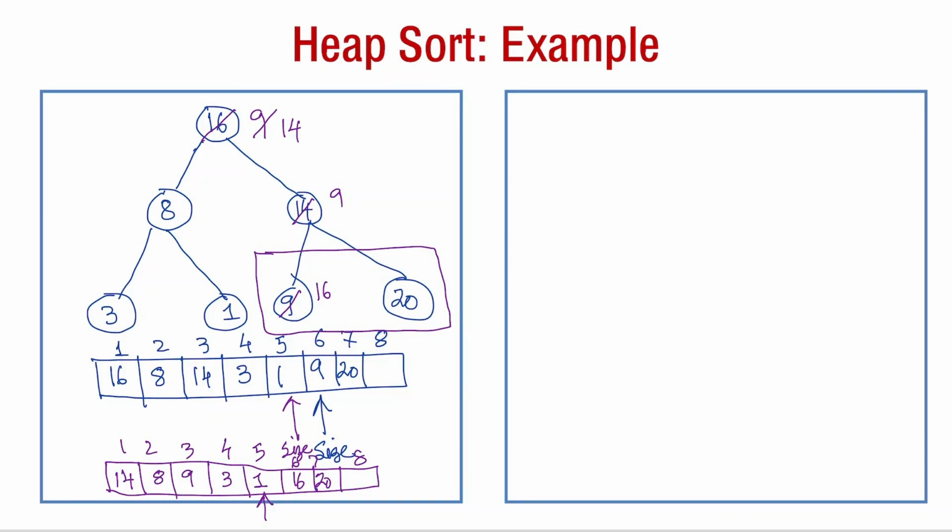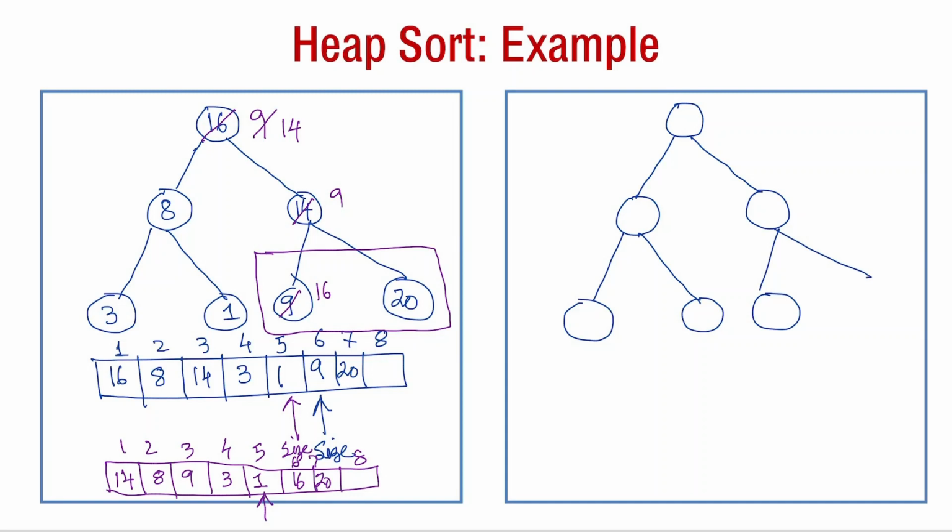So my heap structure after this has become: 16, 20, these two are outside the heap, and I have 14, I have 8, I have 9, I have 3, and I have 1.